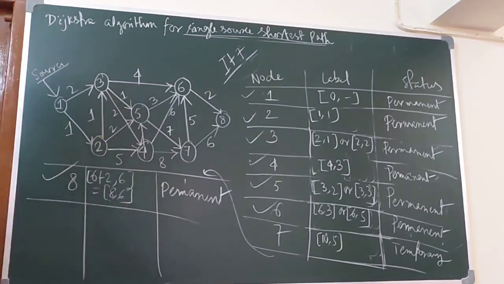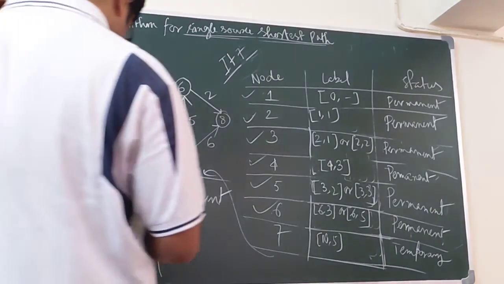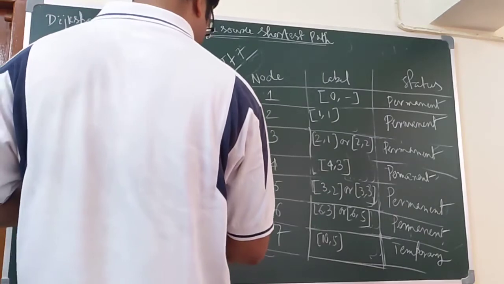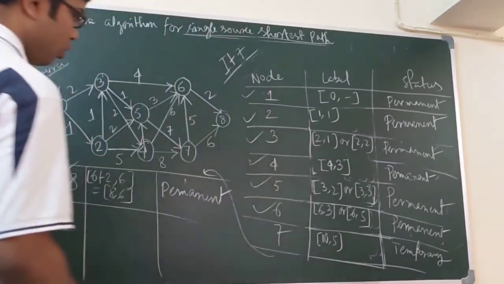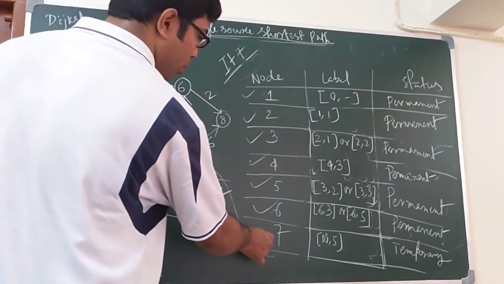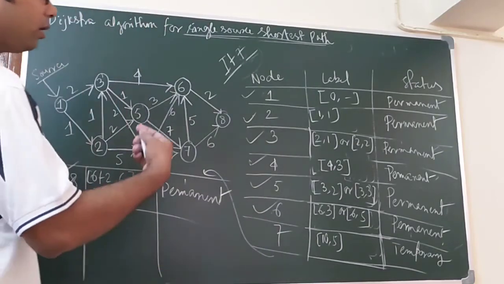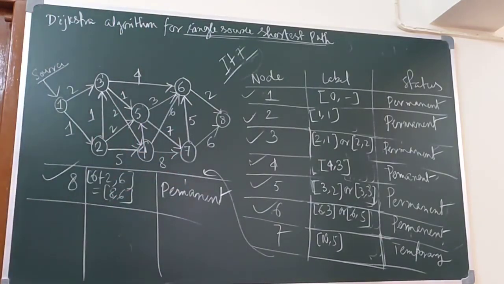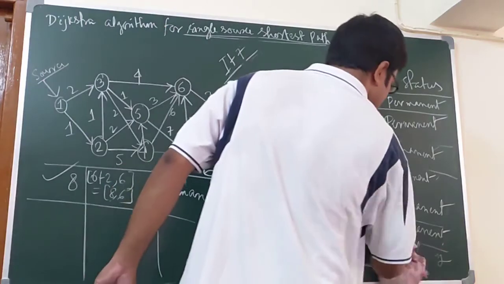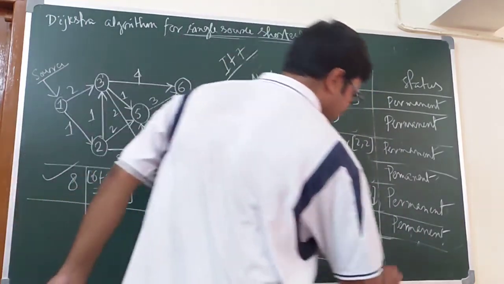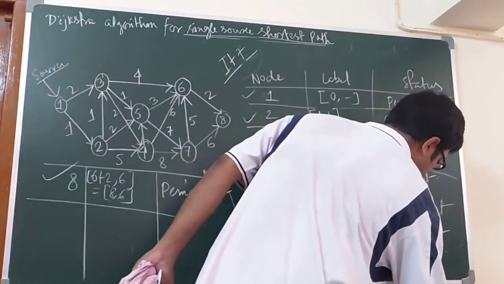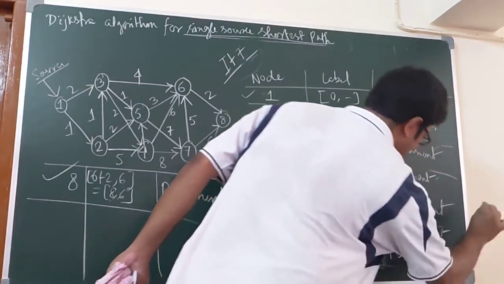So 8 is complete. There is only one left, node 7, so we make this 7th node permanent.